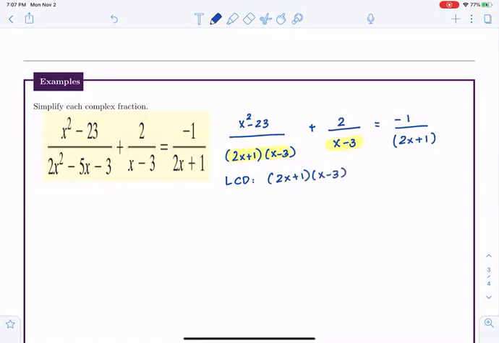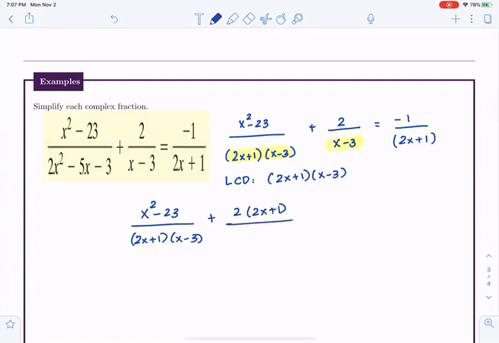So I want to turn the second denominator into 2x plus 1 times x minus 3. So I'm going to multiply and divide the second denominator and the numerator by 2x plus 1.